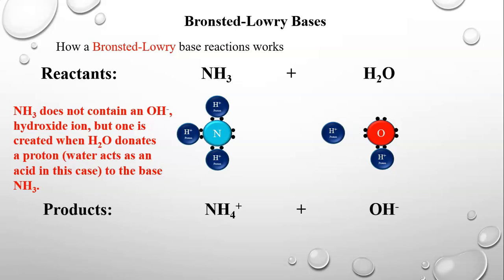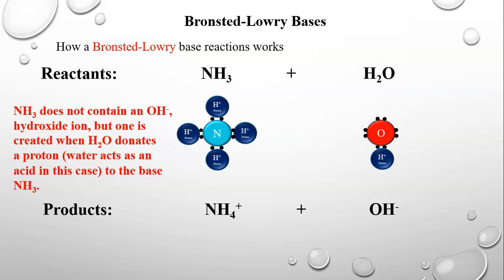So what you see here, that proton moves over like that, and that produces on the product side of your reaction NH4 plus. You have 4 hydrogens, 1 nitrogen, and since it was just the proton that jumped onto the ammonia, it now takes on a positive charge. And over on the water side, the water molecule is no longer a water molecule.